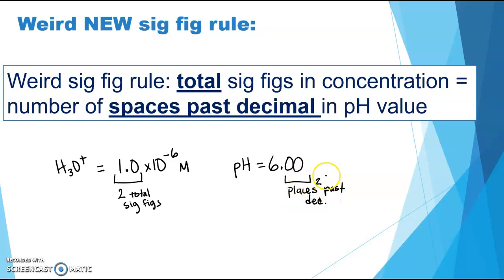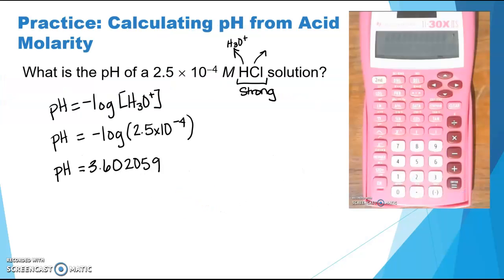I would go 2 places past the decimal gets to be my total. So these go back and forth in that way. So let's look back at that problem to determine our number of sig figs. If I look at my total concentration, you'll see that here I also have 2 total sig figs.